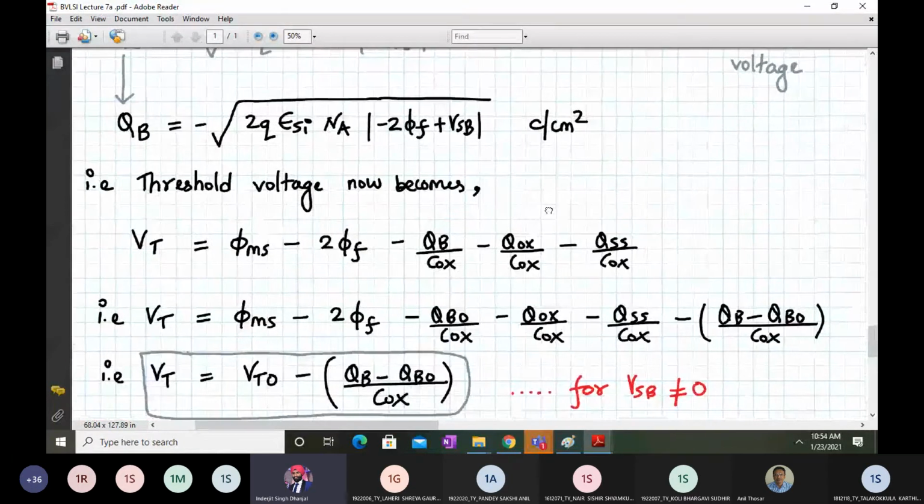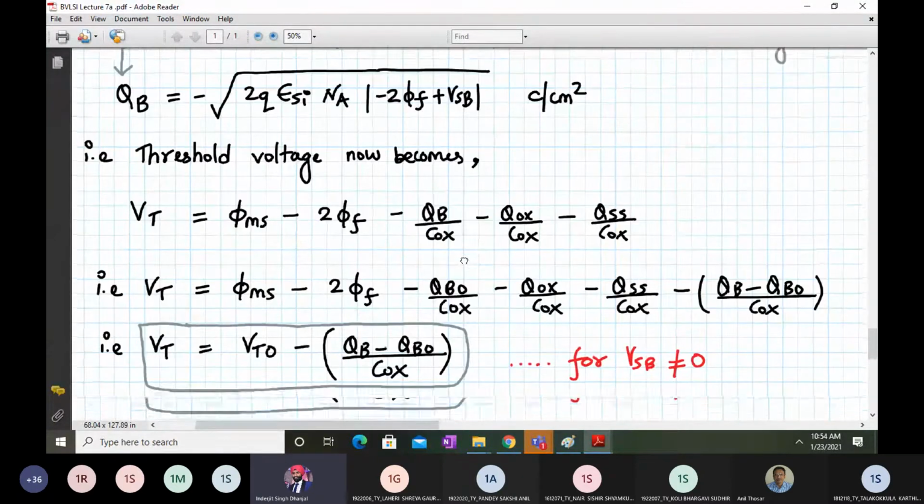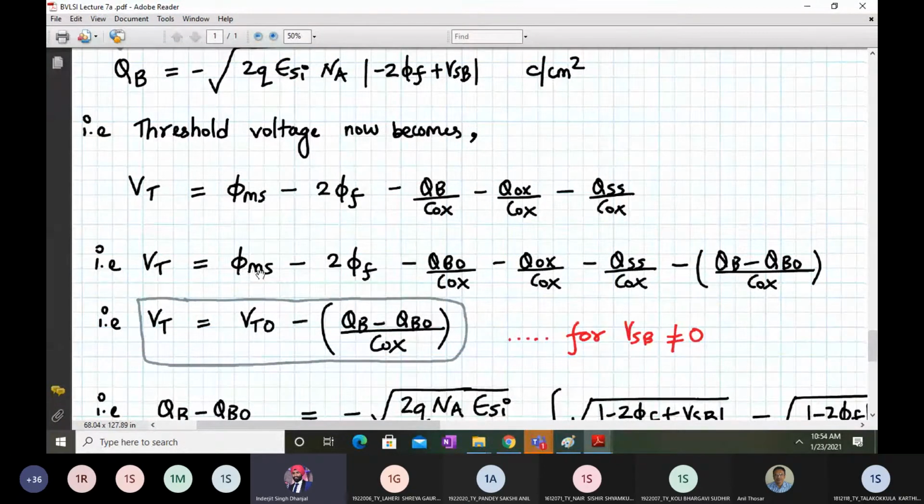Fine. So the threshold voltage earlier was VTO, now it has become VT. So what is the change? Instead of QBO, we are just writing QB. With this formula change, I can write VT as phi ms minus twice phi f minus QBO upon COX minus QOX upon COX minus QSS upon COX minus of QB minus QBO upon COX.